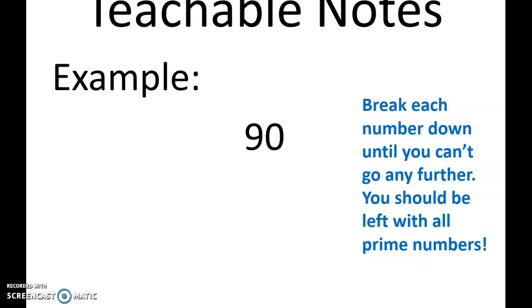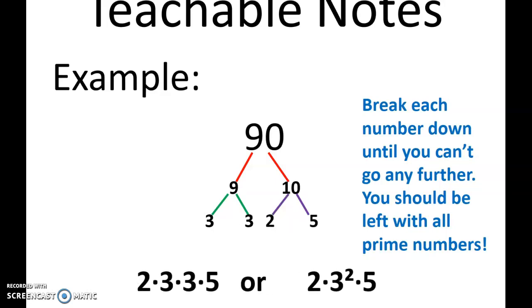So you're going to break each number down until you can't go any further, and you should be left with all prime numbers. Anything that ends in 0 is divisible by 10, so 9 and 10. 9 factors down to 3 and 3. 10 factors to 5 and 2. And those are my prime numbers. So 2, 3, 3, and 5. Or 2 times 3 squared times 5.